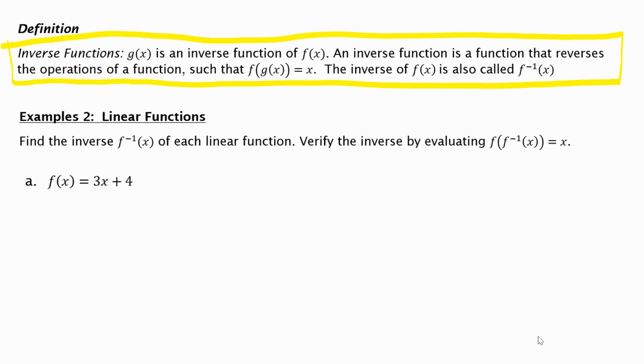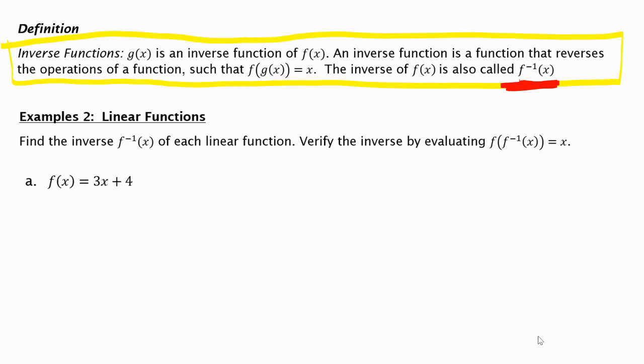So if I was to take, like we just saw, f of g of x, I get x. Instead of calling it g of x, we're going to see this idea with a little -1. So the f inverse. So the inverse function is noted with that little -1 on top. So instead of having to make a brand new function, we just put a little -1, and that's the way of talking about the inverse of a function.